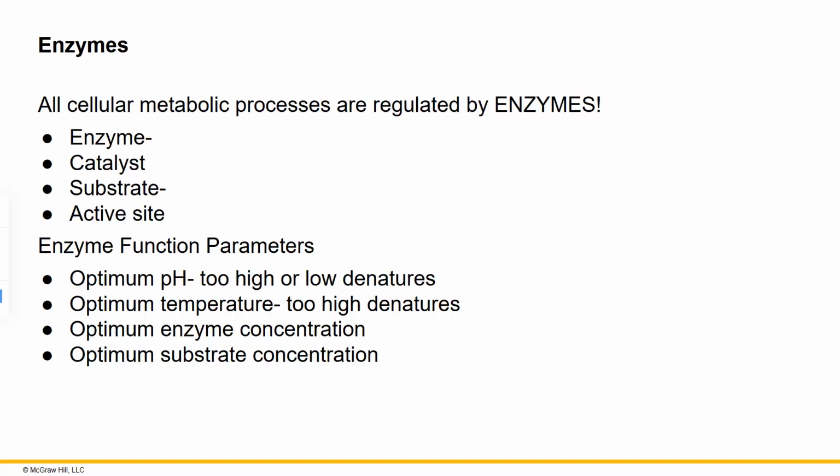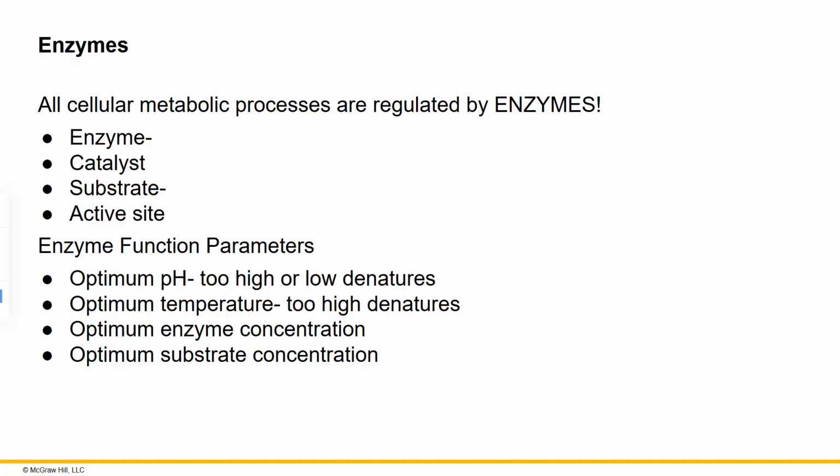And an enzyme is just a biological catalyst. A substrate would be the substance that is modified by the enzyme. So substrates can be broken down by enzymes, and substrates can be combined by enzymes. It depends on the specific interaction between the enzyme and the substrate.